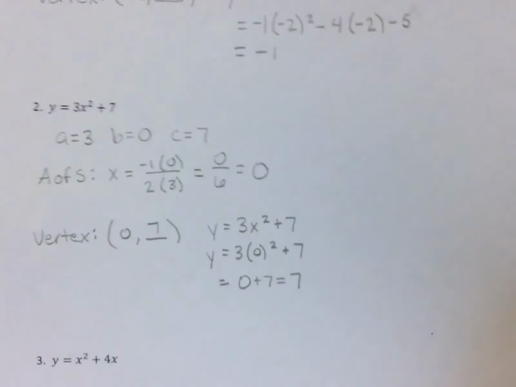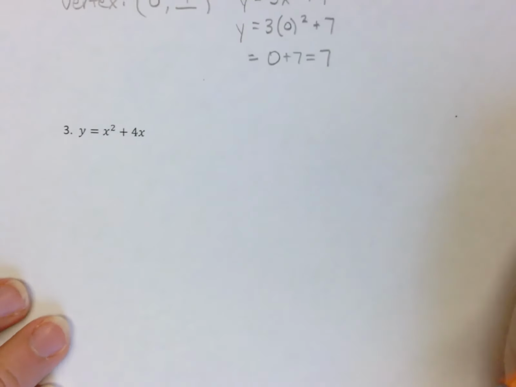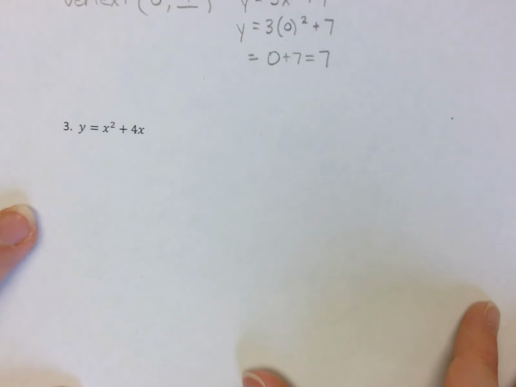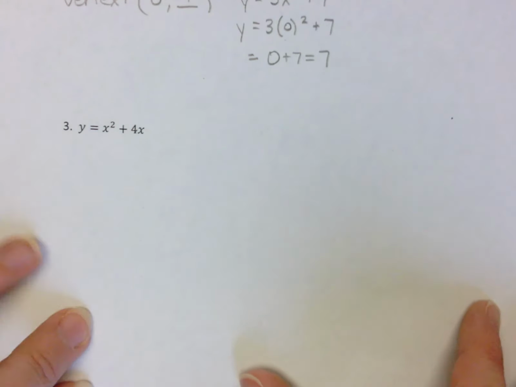Example number 3. Notice we only have 2 terms, therefore either our a or b or c would be 0. If your a is 0, you would not have a quadratic. So really only you should be working with equations that b or c would be 0. Let's check this one out.